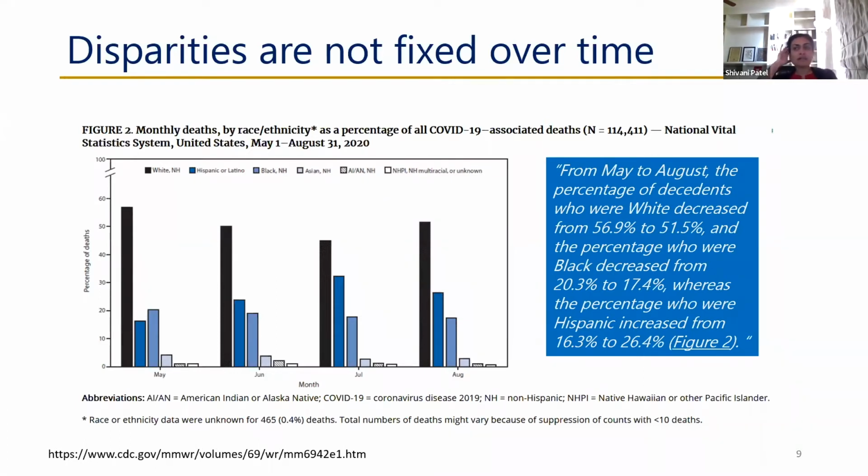I'll also say that what I showed you might be a factor of the level of geography, because we were talking about counties. If we went below the county level, we might have found that within the state of Georgia or within the metropolitan Atlanta area, more residential segregation was associated with higher rates of COVID.